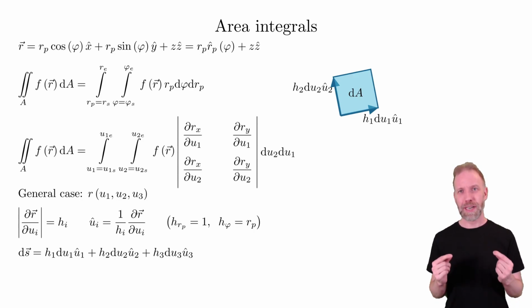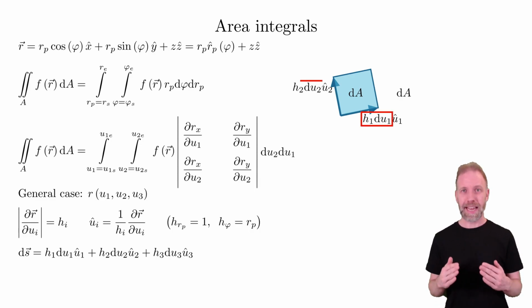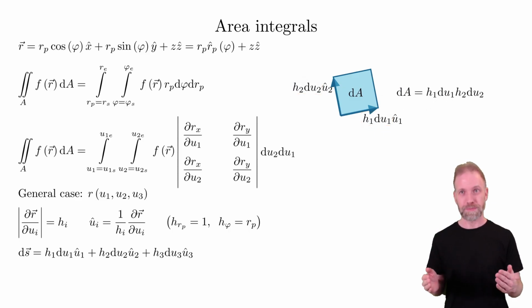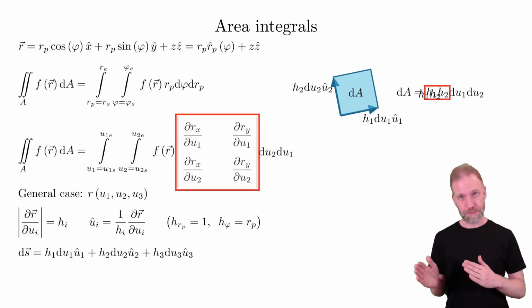This means that the area element has become a rectangle. The area of a rectangle is the product of the length of the two sides. This gives us a much simpler expression: dA is h1 times h2 times du1 times du2. Hence, we can simply replace the determinant with h1 h2.